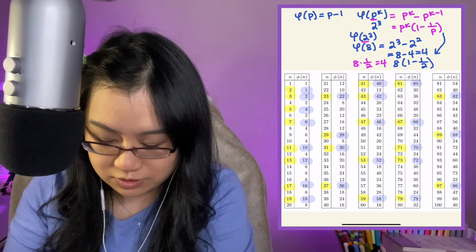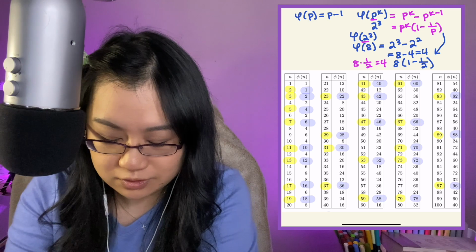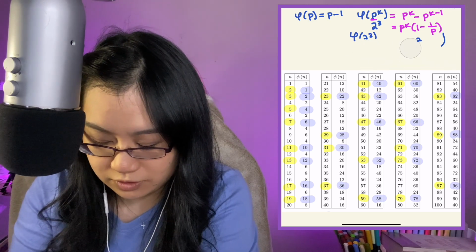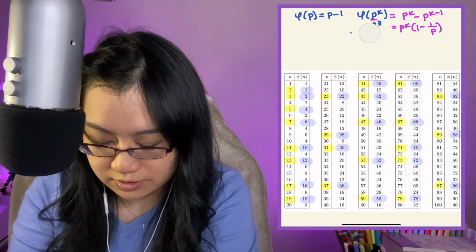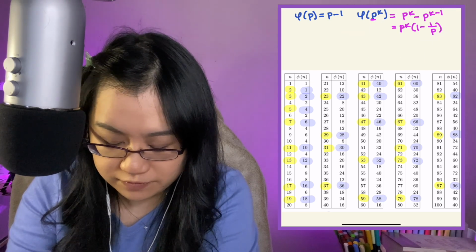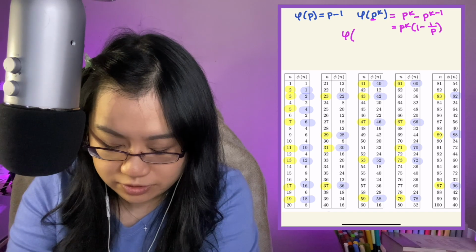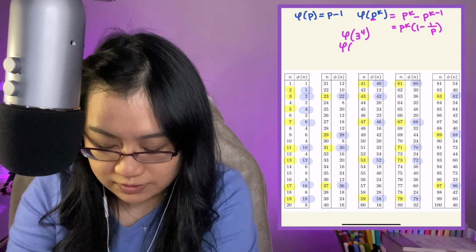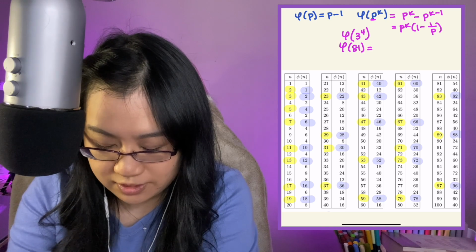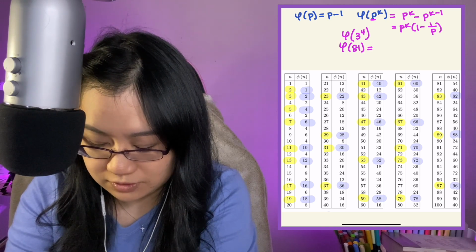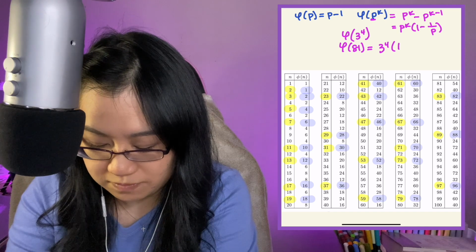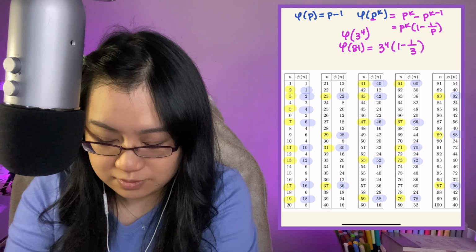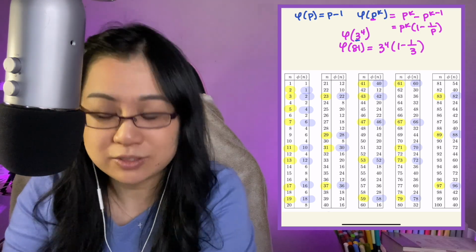So you can do this for powers of prime numbers. For instance, phi of, let's say, 3 to the 4th. That's 81. Phi of 81 is still 3 to the 4th times 1 minus 1 over 3, since the base prime part is 3.